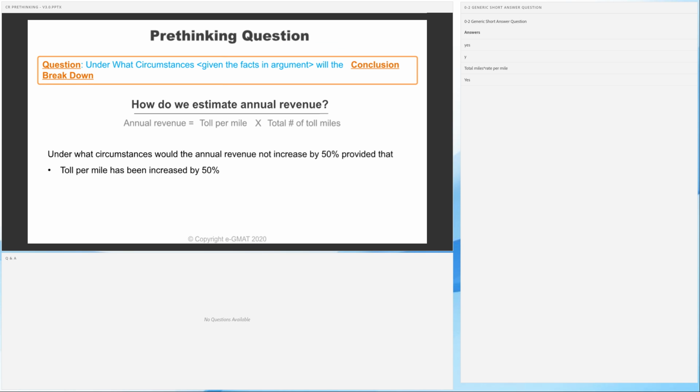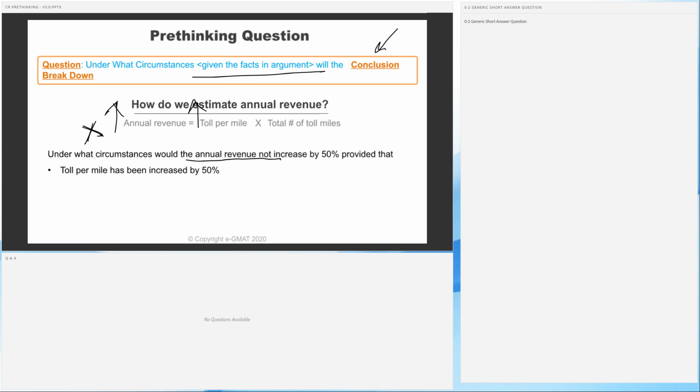Now, let's ask our pre-thinking question. Under what circumstances, given the facts in the argument, will the conclusion break down? Which means, under what circumstances would the annual revenue not increase by 50%, provided that toll per mile has been increased by 50%? We know the toll per mile is going to go up by 50%. Under what circumstances will revenue not go up by 50%?